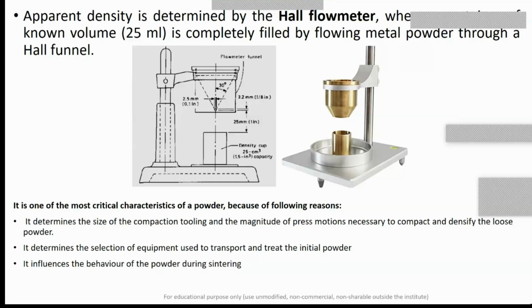And it influences the behavior of the powder during sintering. Whenever you have a large apparent volume, there will be large volume between the powder particles, and no matter how you densify or sinter it, there will always be some voids between them, which causes problems in the sintering process.